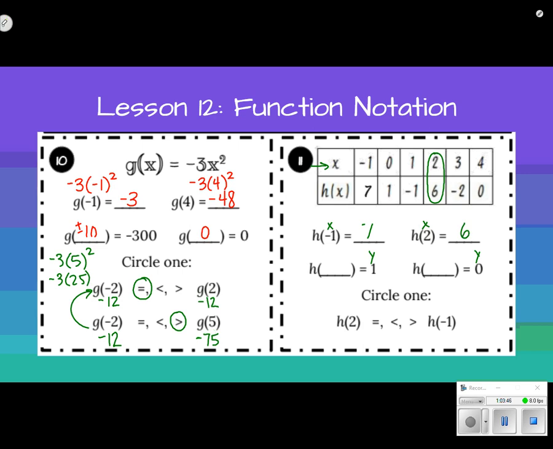Now, you may not think of it like this, but h of x could be replaced with y. It's just a fancy way to write it. So when y is 1, the x value that goes with it is 0. When the y value is 0, the x value that goes with it is 4.